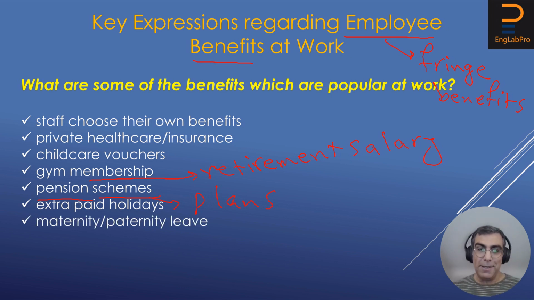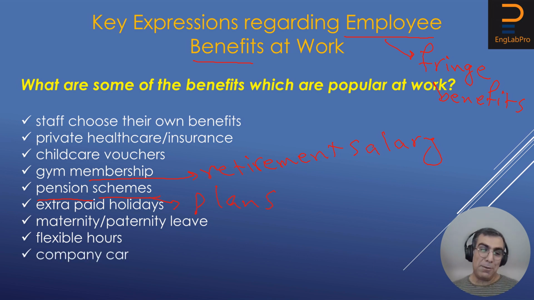Extra paid holidays, maternity or paternity leave when a person has a child, has a new child basically, and the mother can get a few days off or a few months off depending on the country, and the father is the same. Maternity leave is the leave time, the off time for the mother, and paternity leave is the off time for the father. Flexible hours and a company car sometimes.